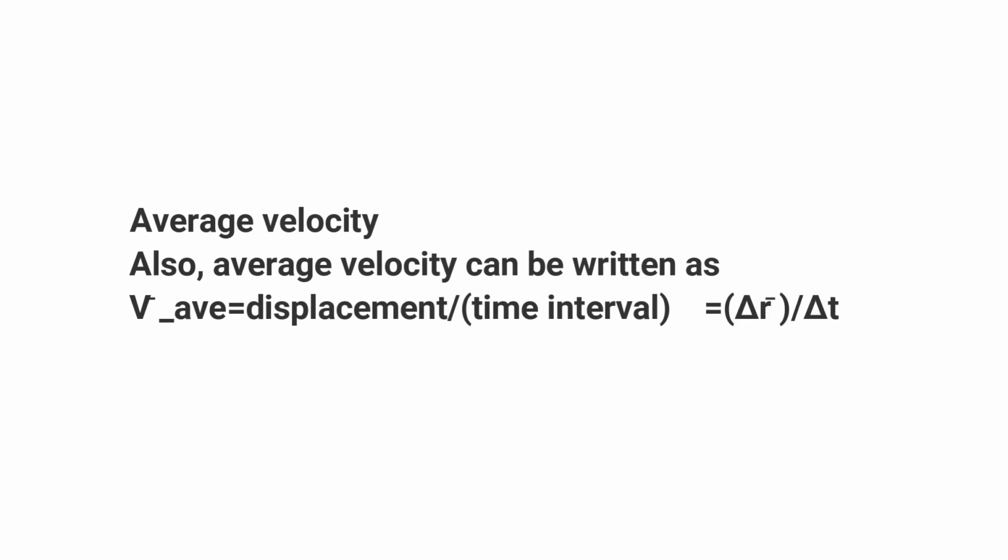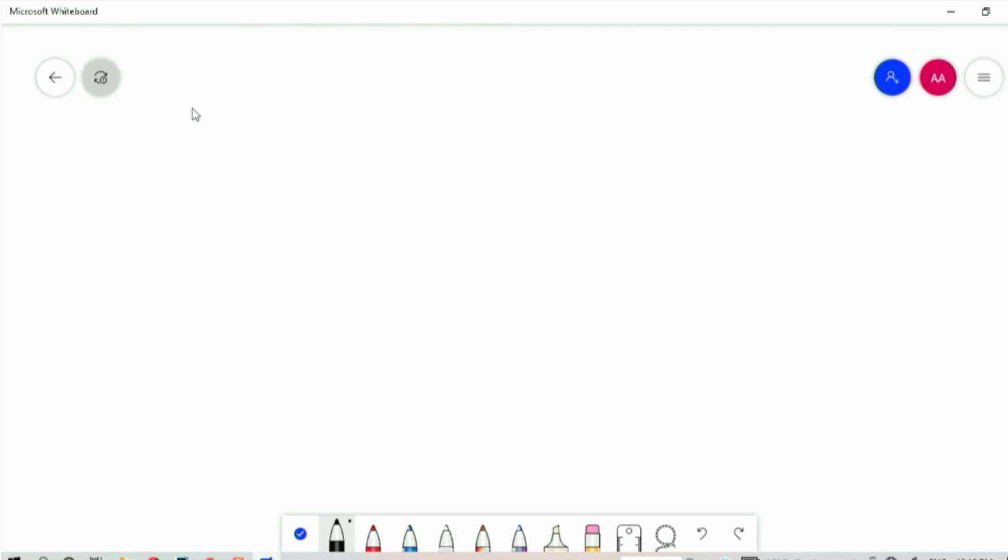So let us look at the average velocity. The average velocity is written as v avg equal to displacement upon the time interval.